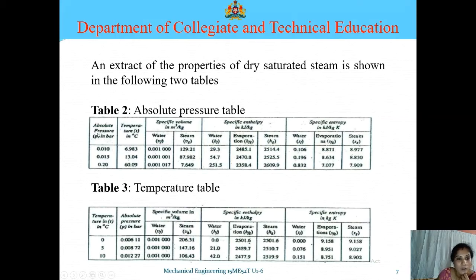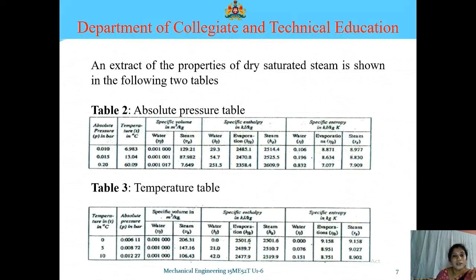What are the values that we have? We have the value for the absolute pressure, temperature, specific volume, sensible heat, latent heat of evaporation, enthalpy of dry steam, specific entropy of water, entropy of evaporation, and entropy of dry steam. What are these values called? These are called properties of steam.